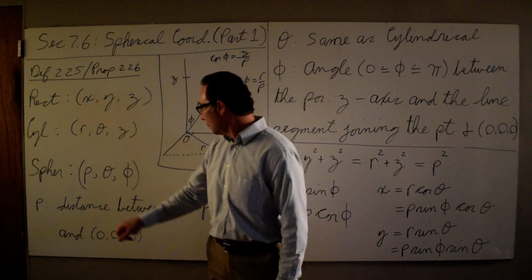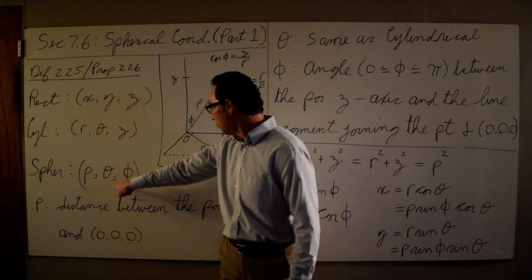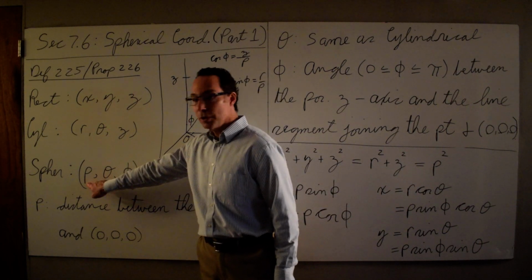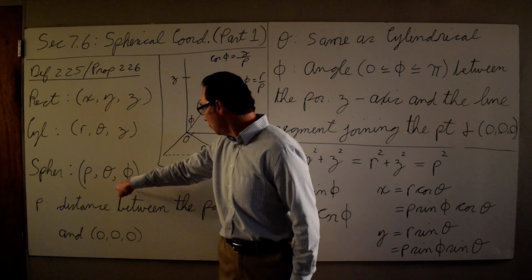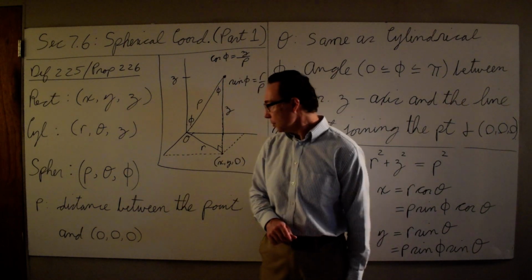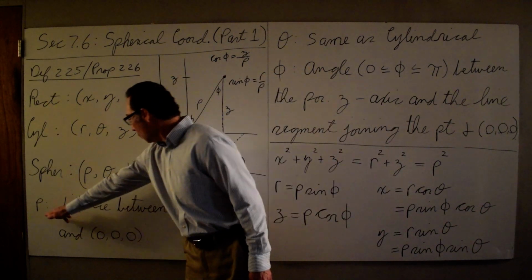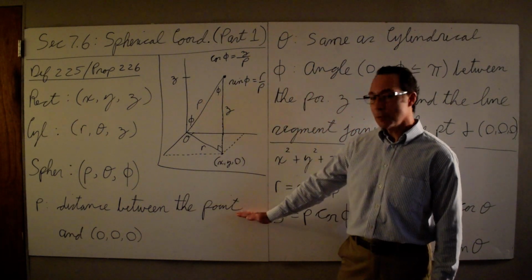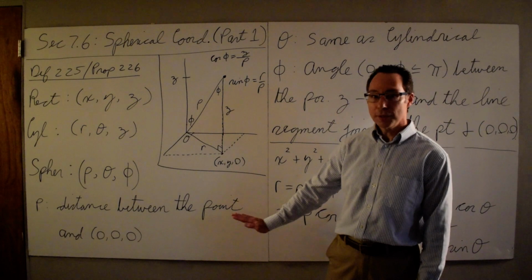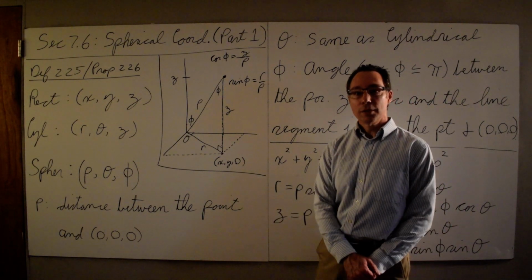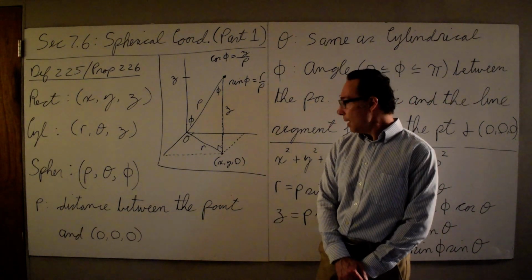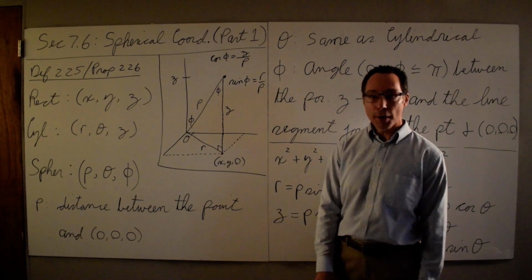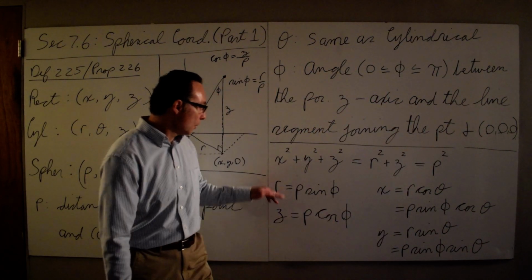Spherical coordinates have rho, theta, phi. Rho is a distance, theta and phi are measures of angles. Now, I said rho is a distance. What distance is it? It is the distance between the point x, y, z and the origin 0, 0, 0. That means that x squared plus y squared plus z squared is equal to rho squared.